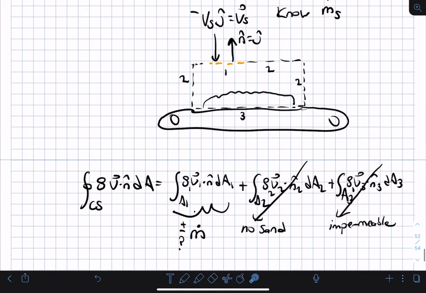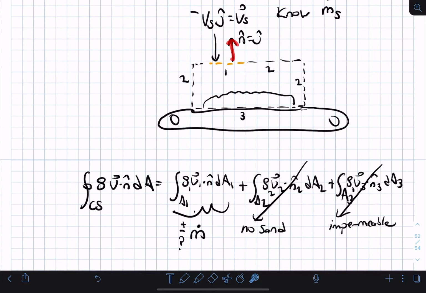And so here we have n hat basically pointing up. Again, we apply the same rule. We walk around the control volume in a counterclockwise fashion, and n hat always points to your right as you are walking around it, or you can think of it as n hat always points towards the outside of the control volume on any surface.